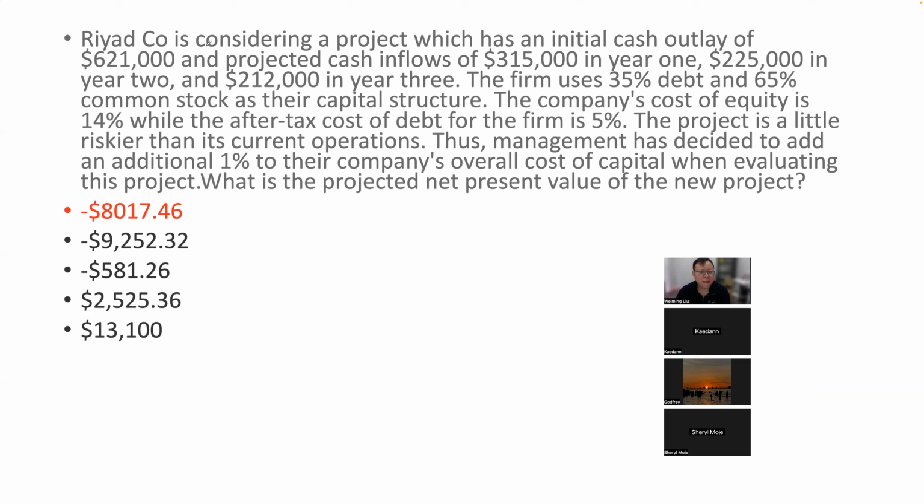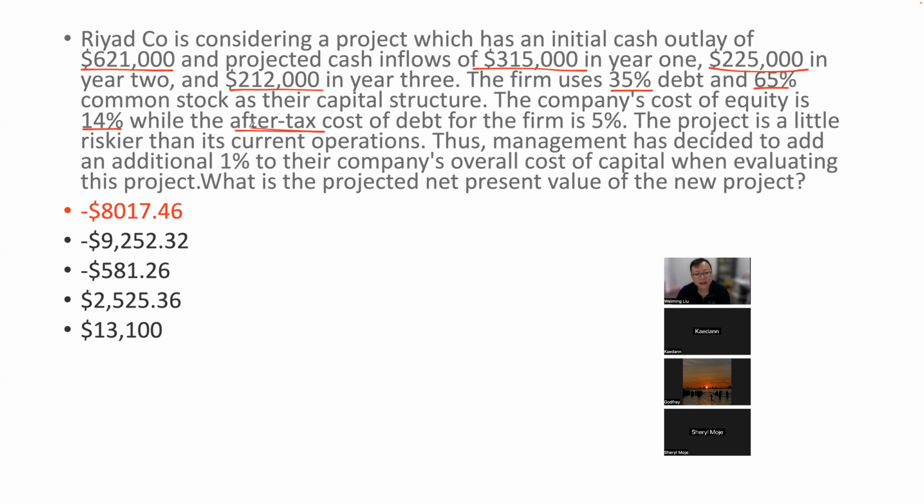This company is considering a project with an initial cash outlay of 621, and project cash inflows of 315, 225, and 212 in years 1, 2 and 3. The capital structure is 35% debt, 65% common stock. The company's cost of equity is 14%.